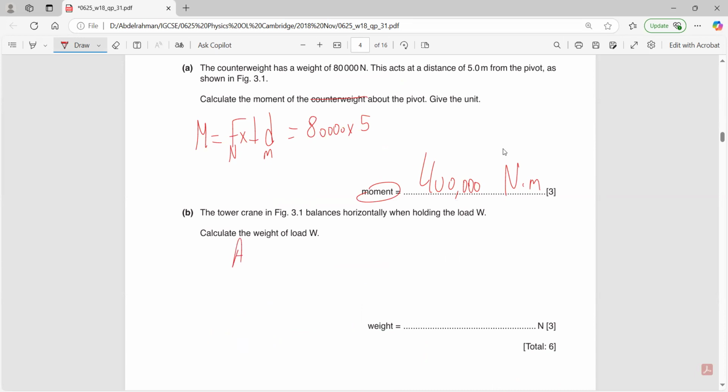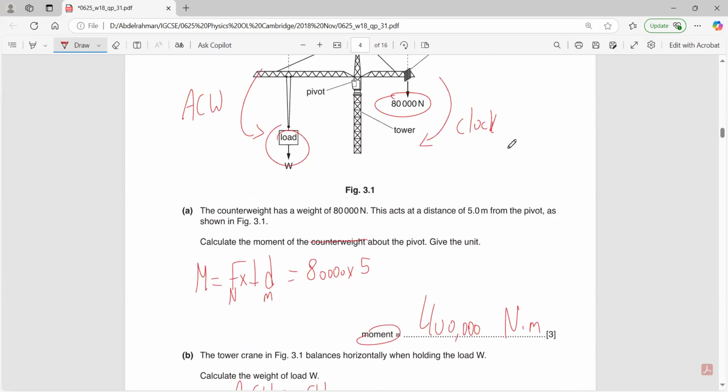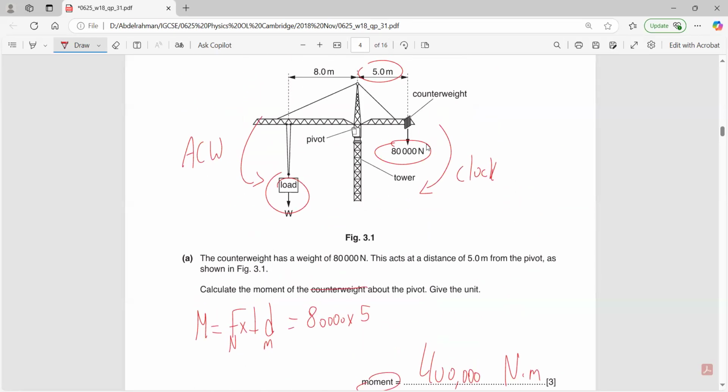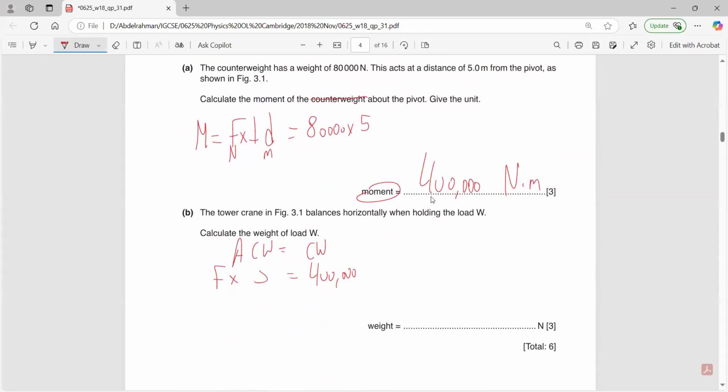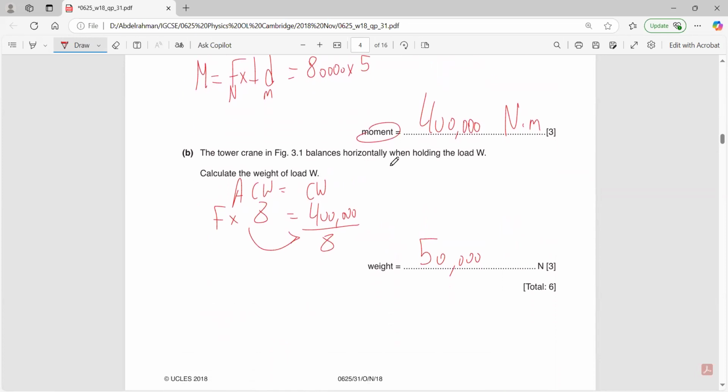The clockwise moment is 400,000, and the anti-clockwise moment is the force times the distance to the pivot. The distance to the pivot was 8 meters, so force times 8 meters. Divided by 8, it is 50,000 newtons.